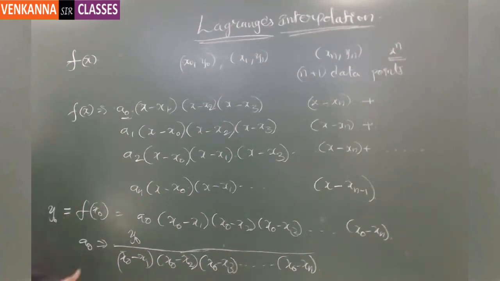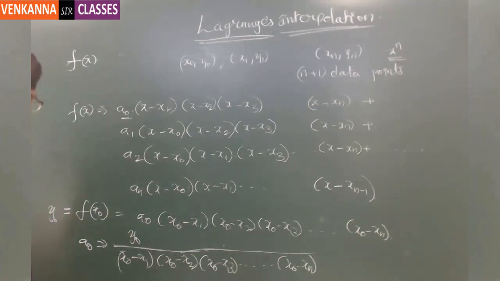So first you note down, and then I'll write a1, a2, a3 also, and then we can construct the unknown polynomial. Done?